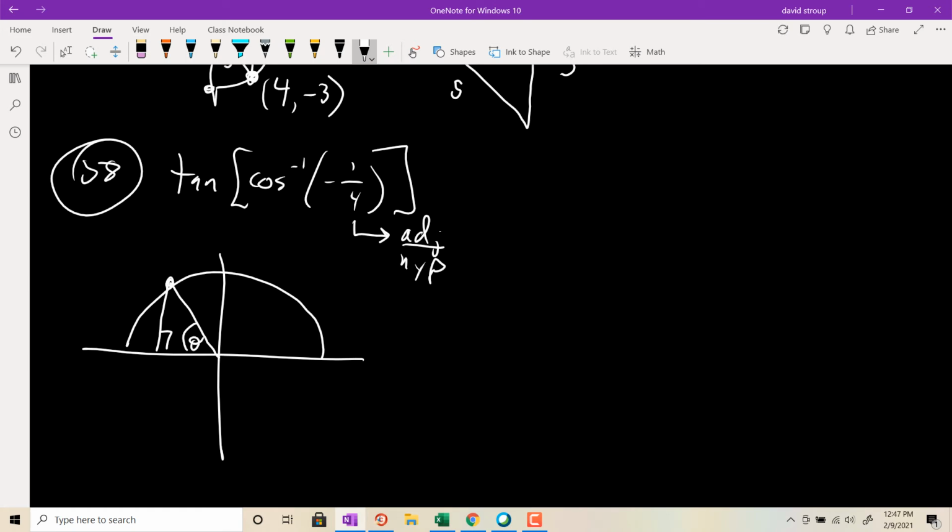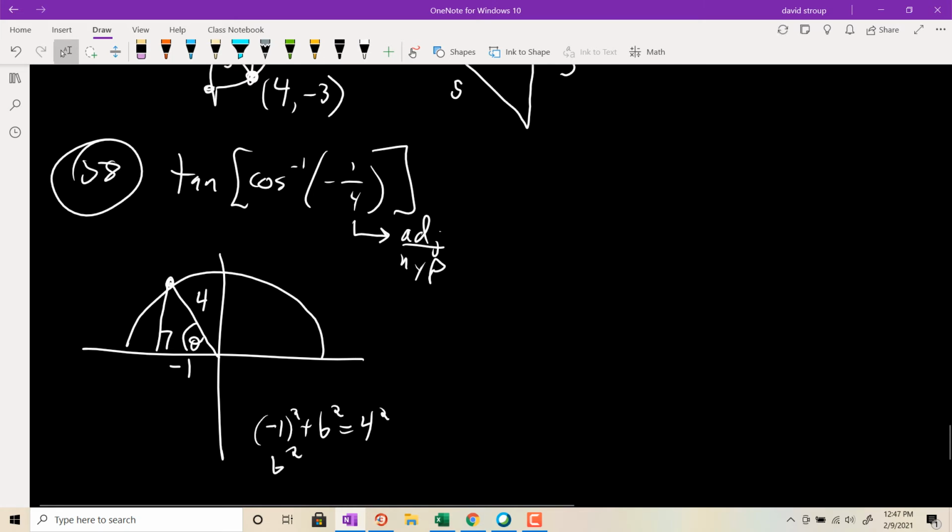So the adjacent side must be the -1, and then the hypotenuse is 4. And then for the opposite side, we're going to have to do a Pythagorean Theorem thing. We have (-1) squared plus b squared equals 4 squared. We got to solve for b.